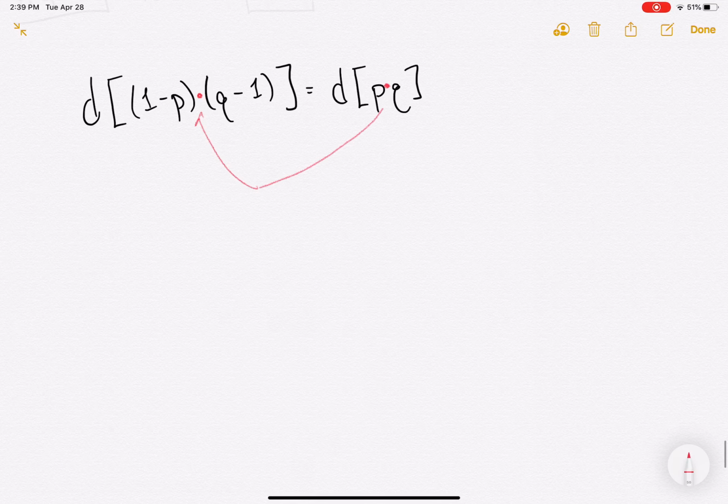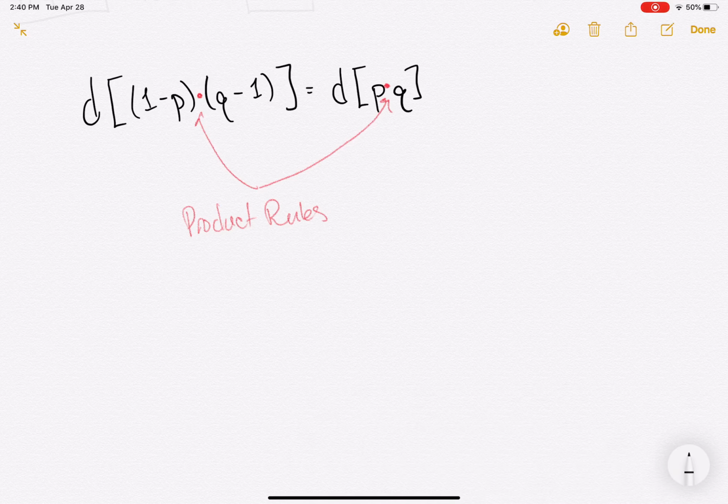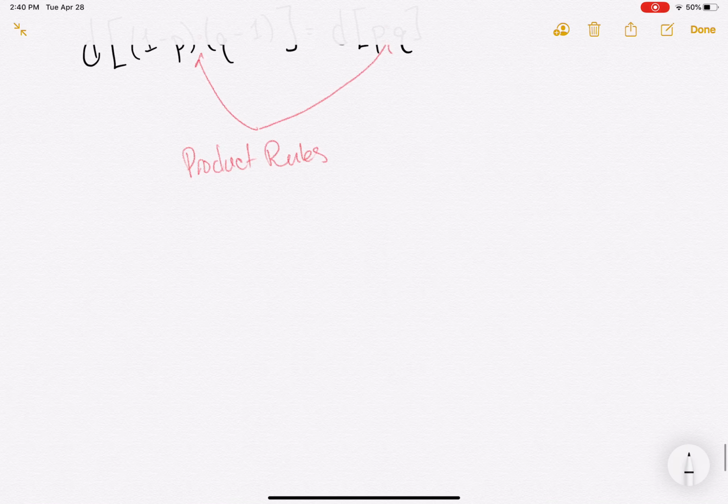That means we're going to have product rules. So you want to think about that in all of these implicit problems. If you have a product of variables, you are going to use the product rule. So those products right there are telling you to use product rules.